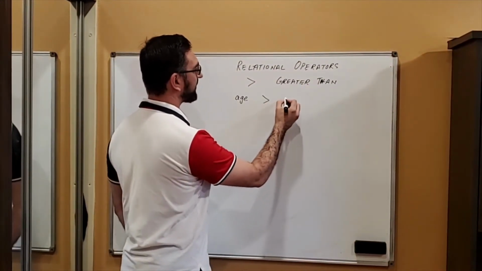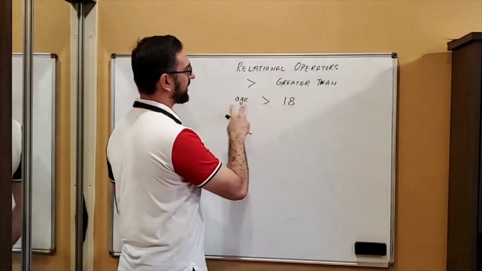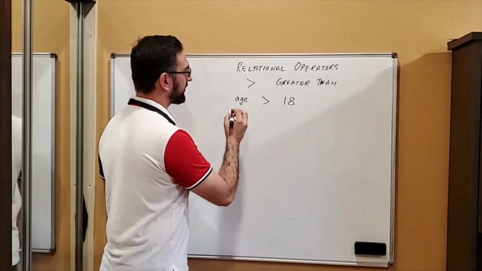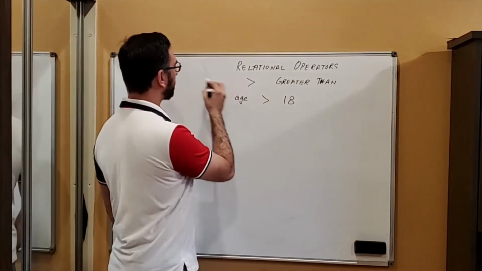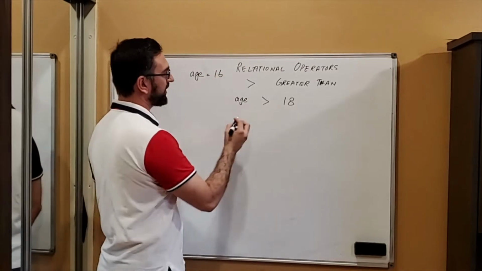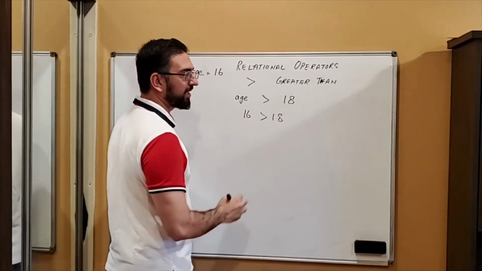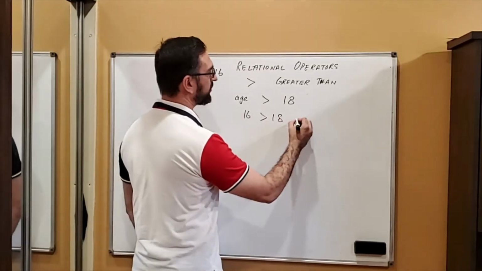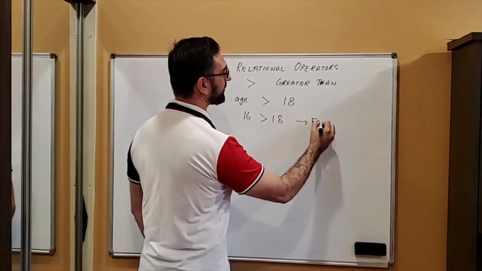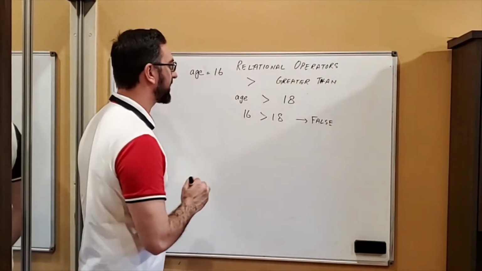If I write something like this, what it does is it actually compares the left hand side with the right hand side. So if the information stored in the age variable, for example, is 16, what it will check is 16 greater than 18? And so this Boolean expression evaluates to false.